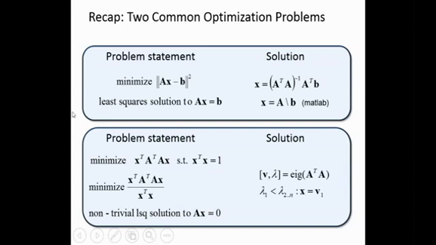So the solution to this is just that you find the eigenvectors of A transpose A and their corresponding eigenvalues. You would want to use a math package for this, like eig in MATLAB. And then you want to choose the eigenvector that corresponds to the smallest eigenvalue. One thing to note is that in MATLAB, there's two functions for computing eigenvectors, eig and eigs.